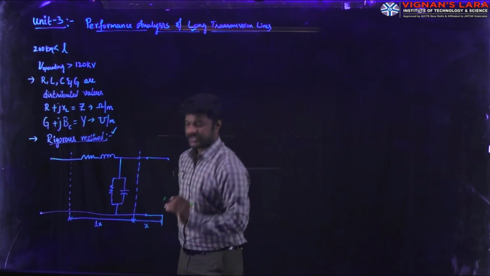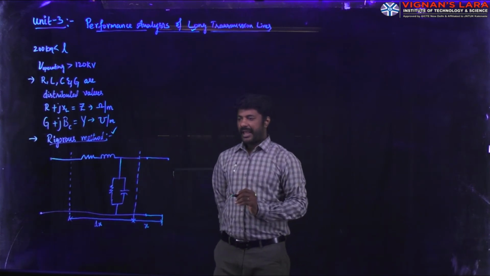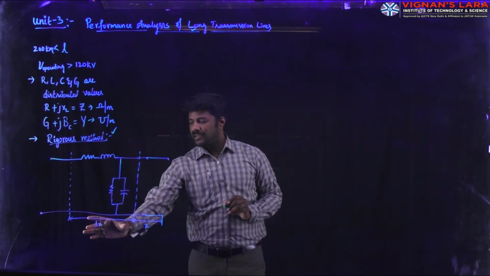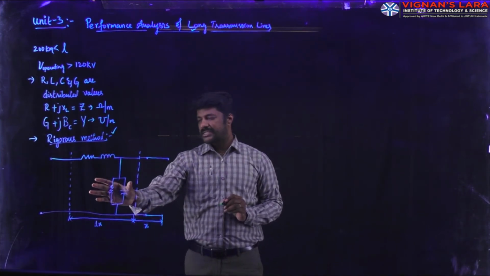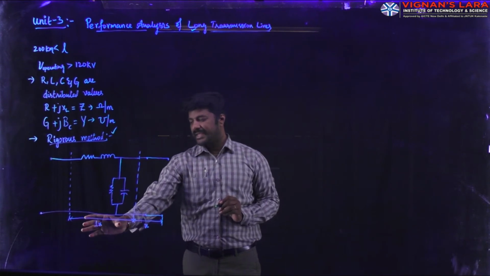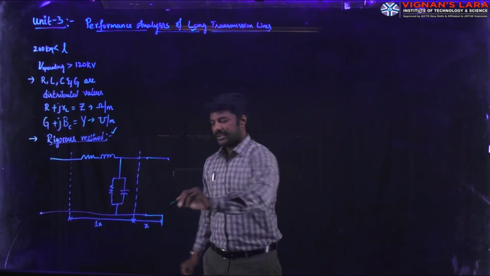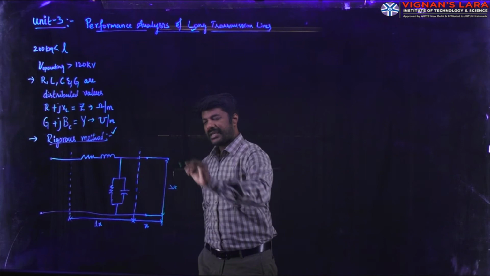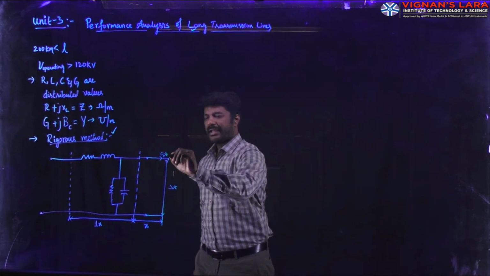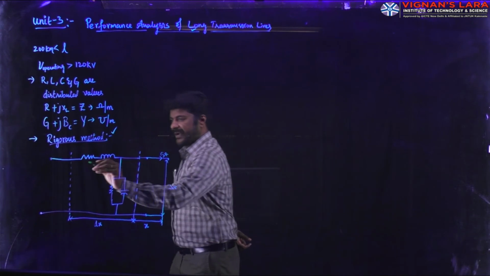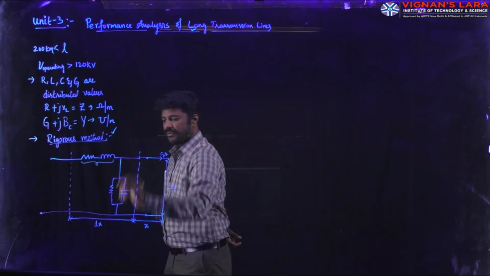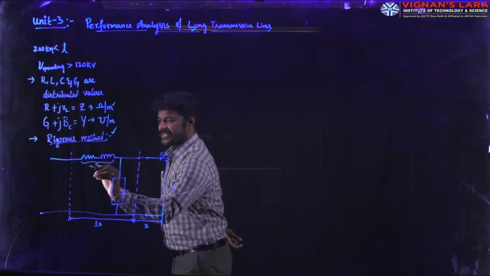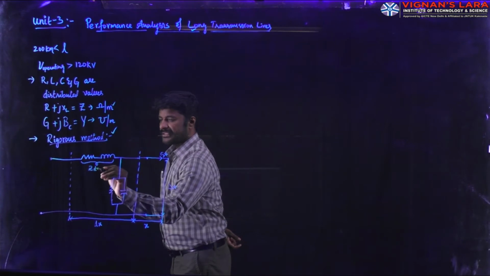I repeat, this is a small sectional length of the long transmission line with length dx, identified at x meters from the receiving end, so I can call the receiving end voltage VR with the delivery current IR. The impedance for this small section as per distributed analysis will be Z dx, where Z is per meter length.